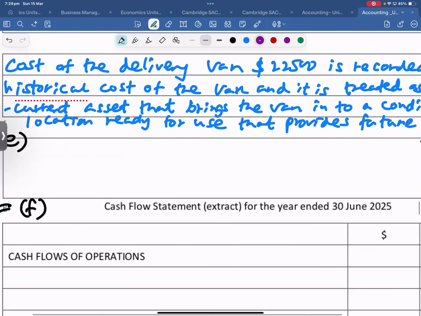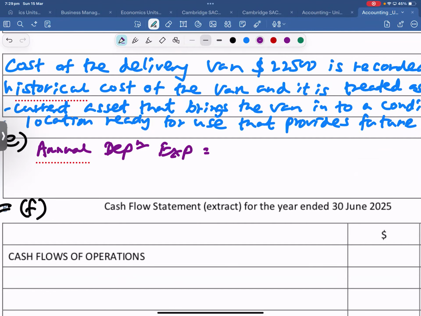How much is the depreciation, guys? You are the one who asked me questions about the proportionate depreciation. Did you get it? How much? 800.